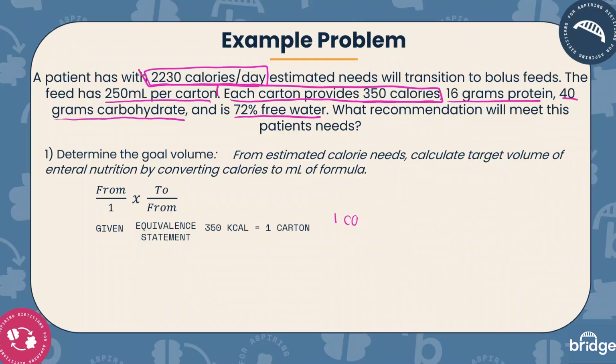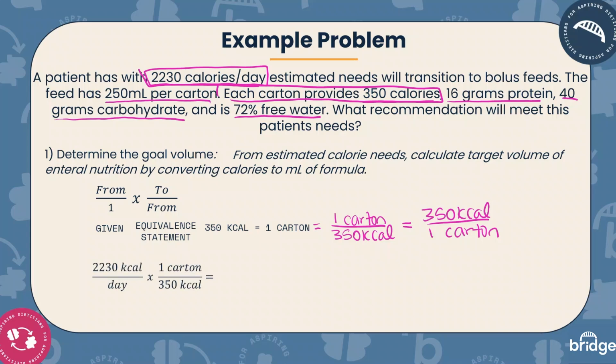Since these two things are equal to each other, we can say in every 1 carton that a patient takes in, they are receiving 350 calories. Or if they have taken in 350 calories, then that means that they've consumed 1 whole carton. These two values are equal to each other because they're that equivalent statement. But what we're trying to do is to convert from calories.